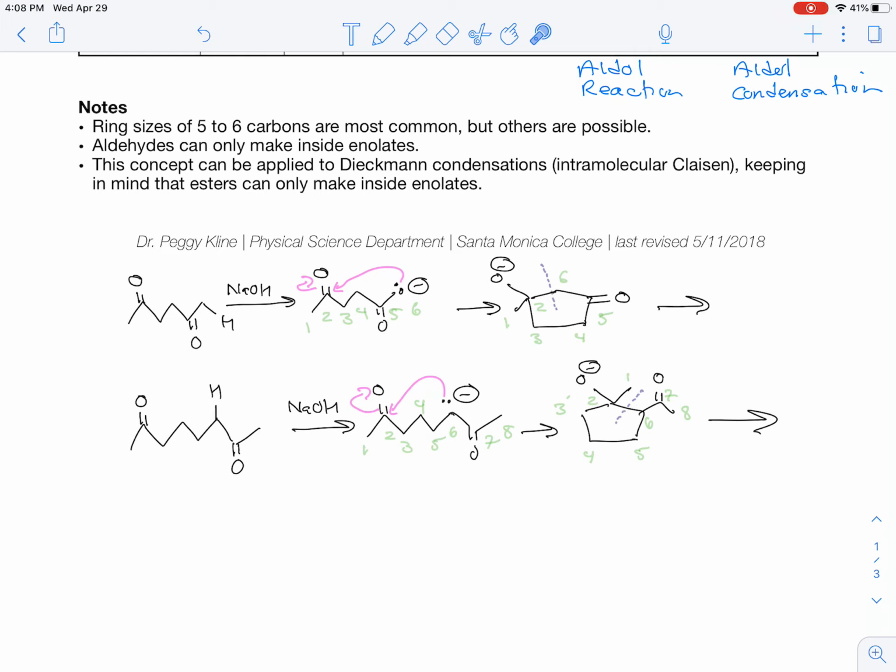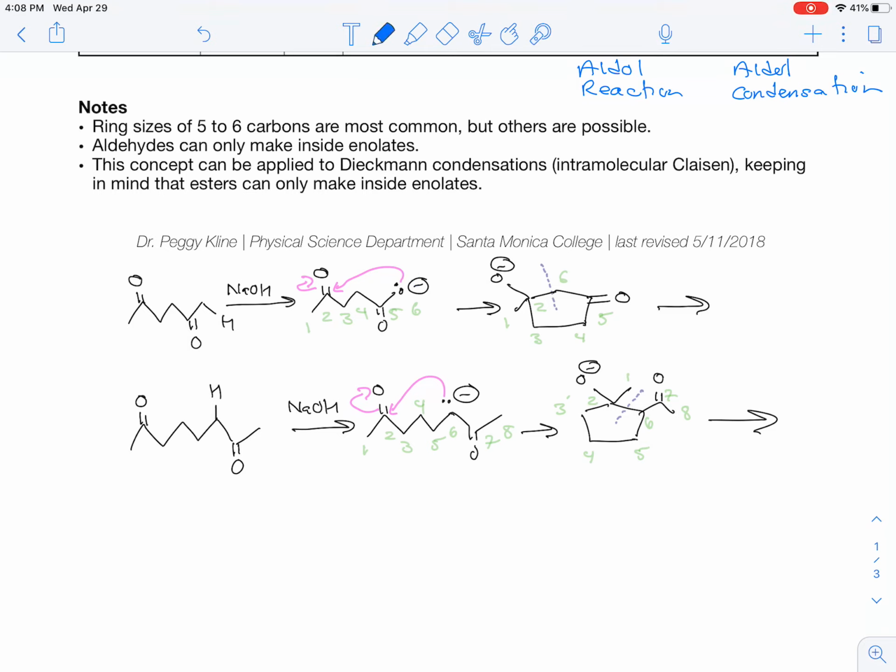And so the first thing that's going to happen is that we're going to remove this acidic hydrogen, and I didn't show arrows for that, but you just remove that. And then I chose to keep the lone pair on the carbon and not show the resonance contributor. And then here's the numbering system, 1, 2, 3, 4, 5, 6.